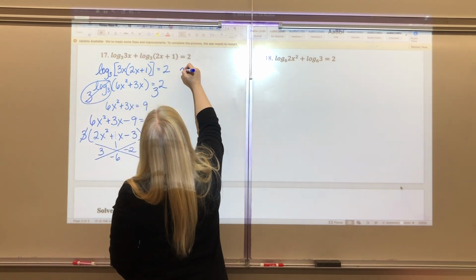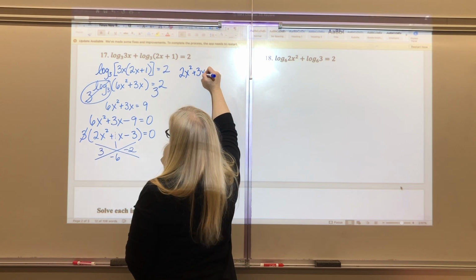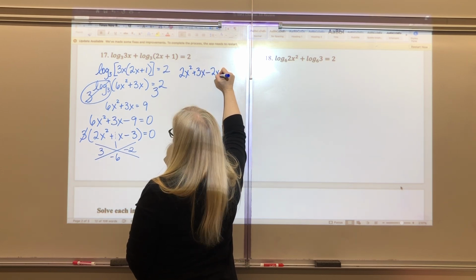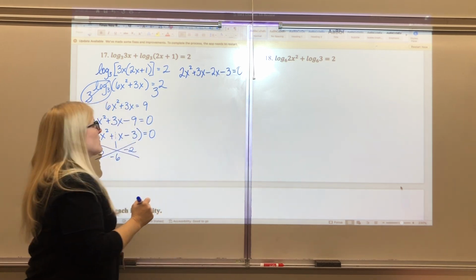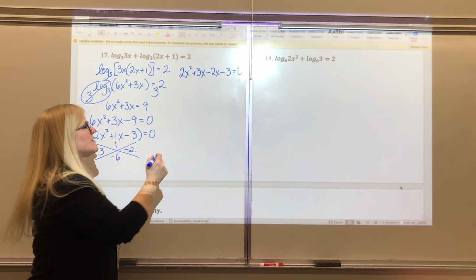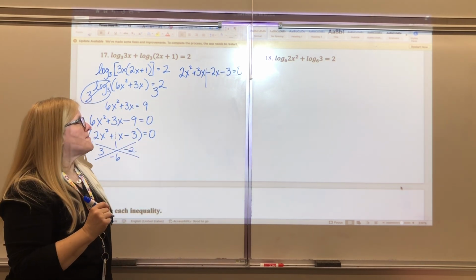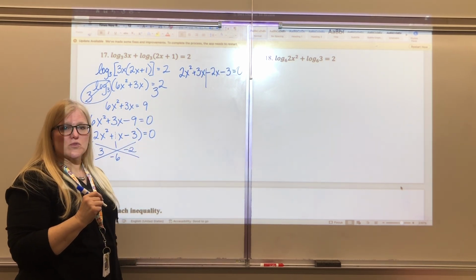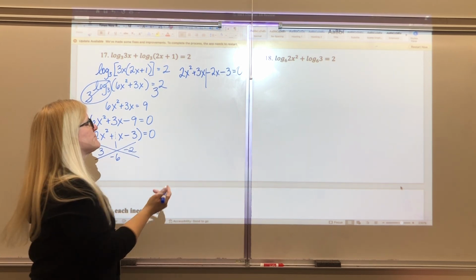And remember that that 3 and that negative 2 are going to replace this 1. So I've got 2x squared plus 3x minus 2x minus 3 equals 0. I hope you guys remember how to do this. Okay, now we've got 4 terms. I'm going to split it down the middle and use factoring by grouping.